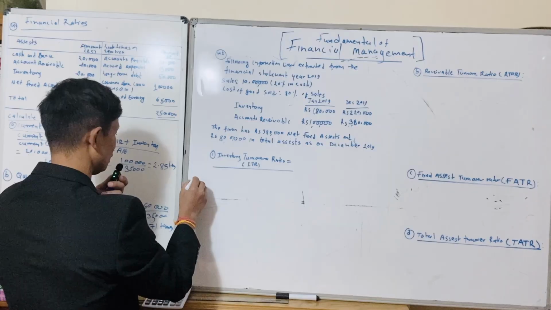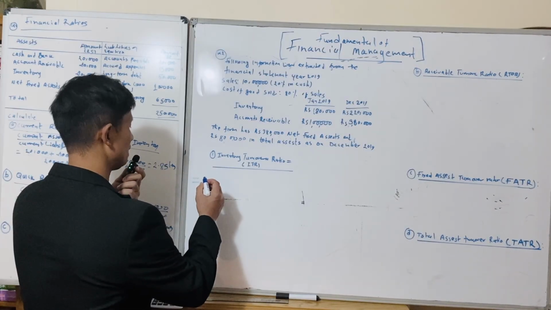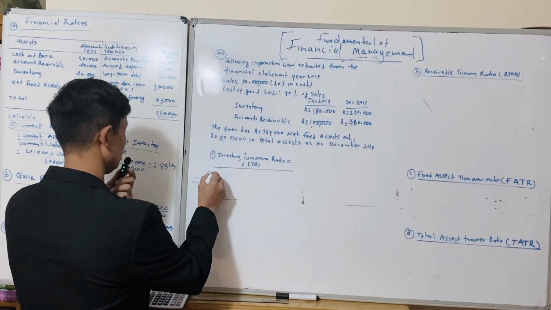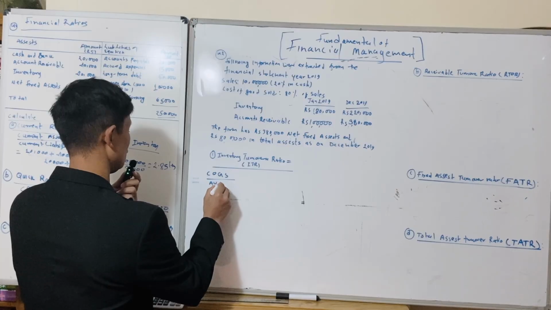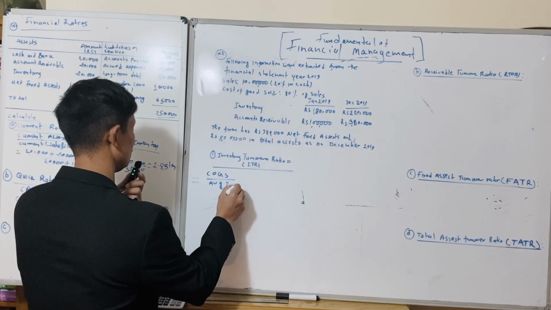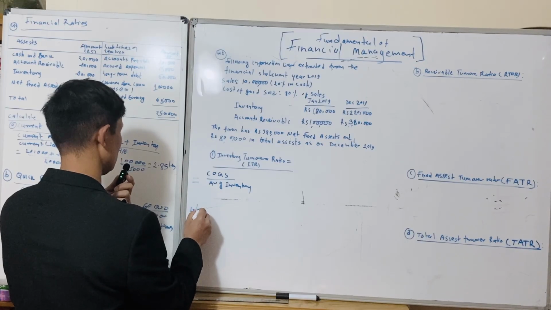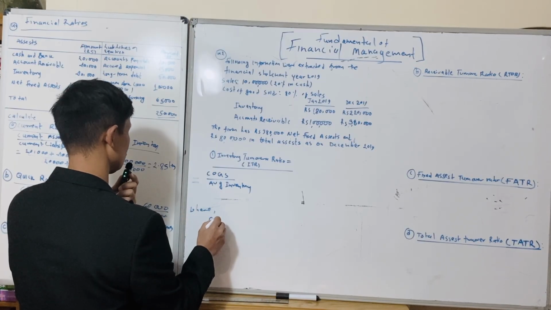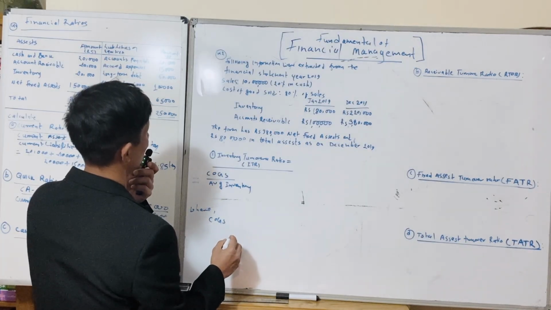As we know, the formula for the inventory turnover ratio is cost of goods sold divided by average inventory. Cost of goods sold we can find out.